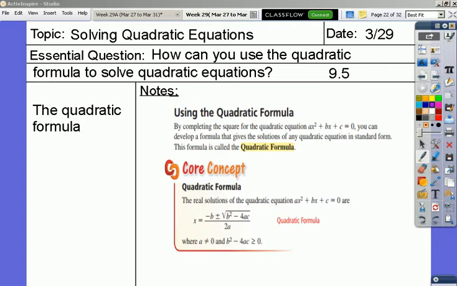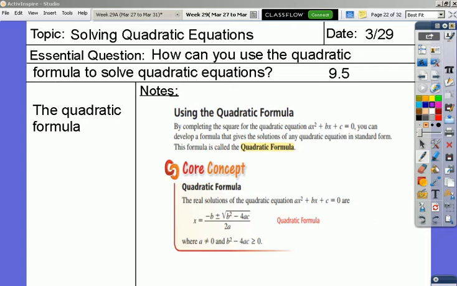Let's say you're dealing with 227x squared plus 50x plus 23 equals 0, and you have to find the solutions to that, then use the quadratic formula. That's way too difficult to try and solve by completing the square or by factoring. So basically, when in doubt, the quadratic formula is there to help you find those answers. Does that make sense?